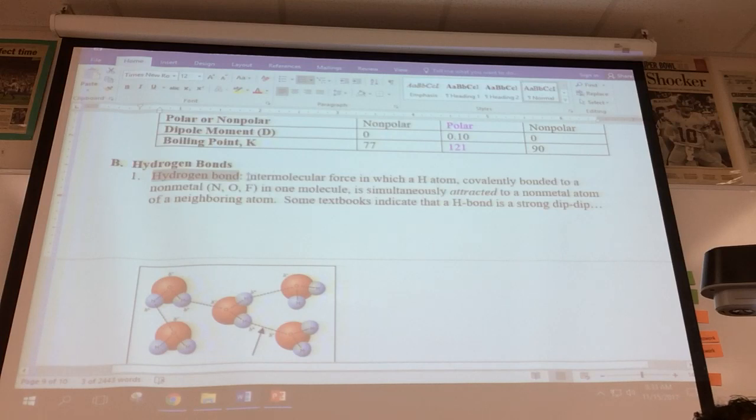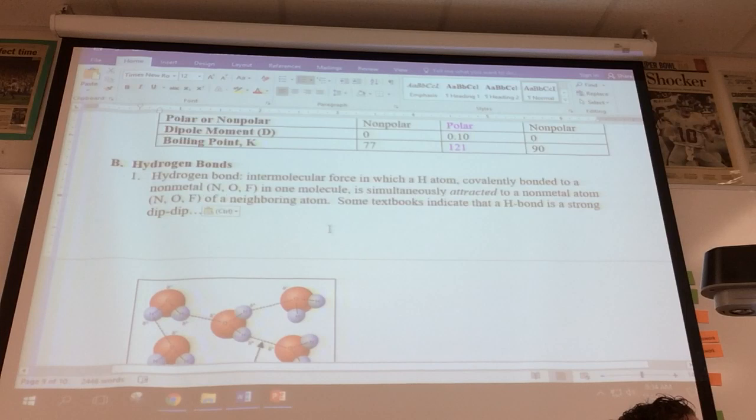So a hydrogen bond is an IMF in which a hydrogen atom covalently bonded to an N, O, or F in one molecule is simultaneously attracted to an N, O, or F of a neighboring atom. And again, maybe we should put that in again, because that's what you're looking for, an N, O, or F.